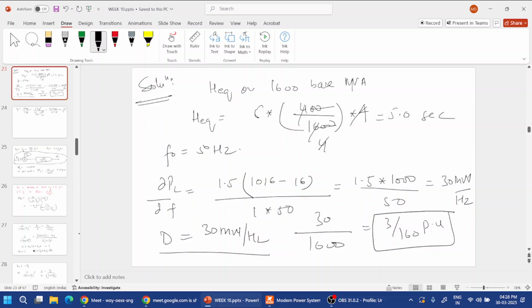Okay, here, see, it is the change in the demand multiplied by the percentage change in the frequency power. So here, let me see in the question, there is something missing. That's the problem.